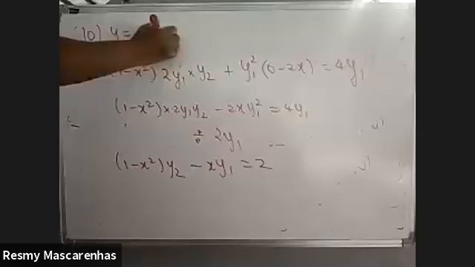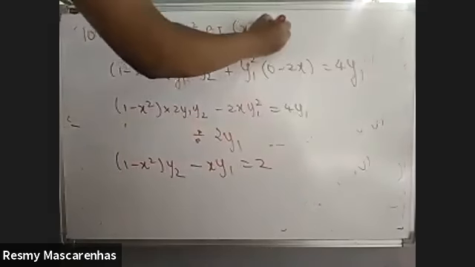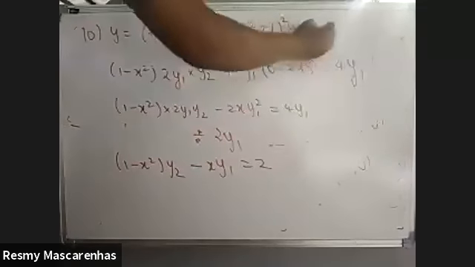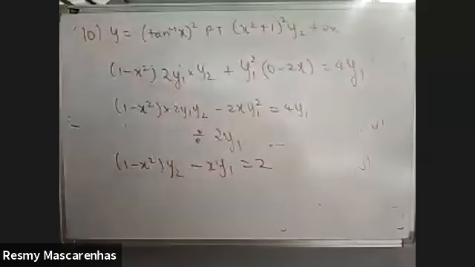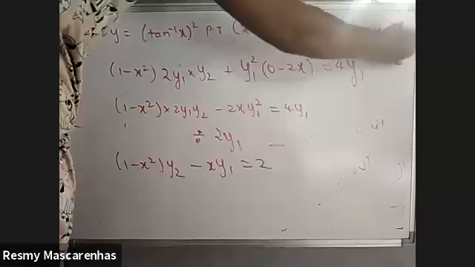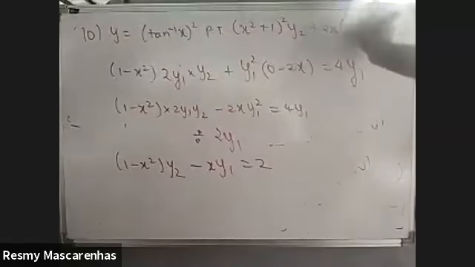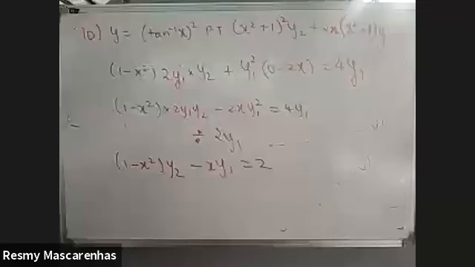If y is equal to tan inverse x the whole square, two x into, that side it is not clear because of the light. Just this is 2x, okay, x square plus 1 into y is equal to 2.